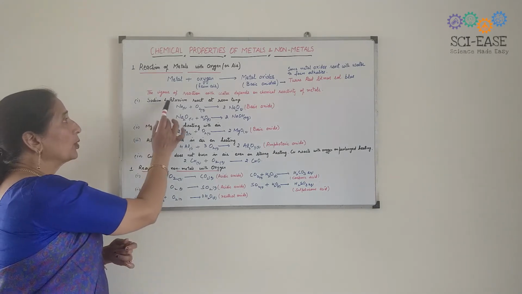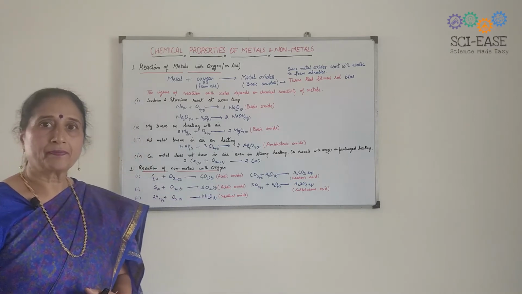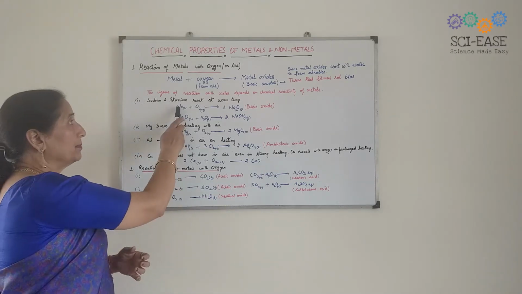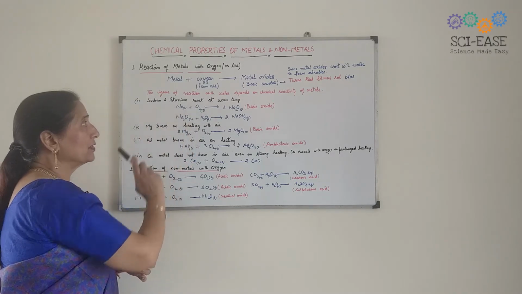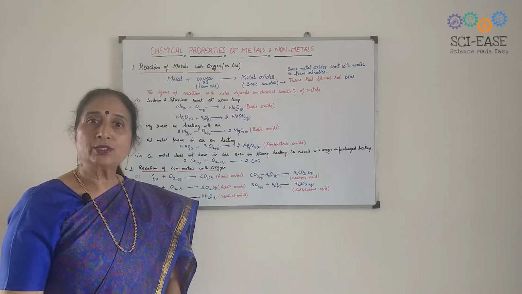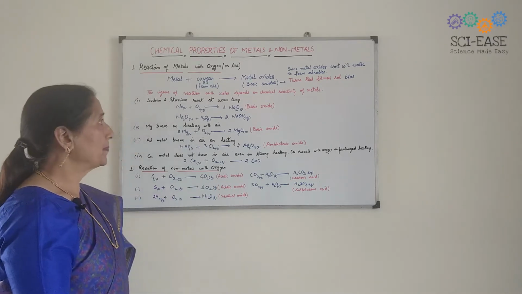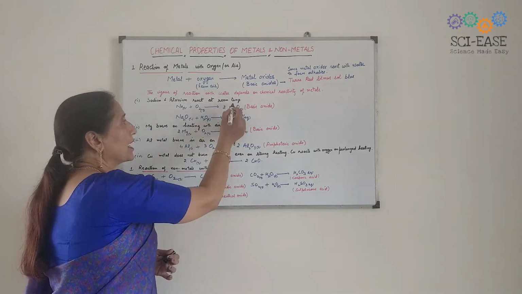First is, sodium and potassium react at room temperature only. Sodium reacts with O2, Na reacts with O2, resulting in the formation of Na2O. And this is the basic oxide.